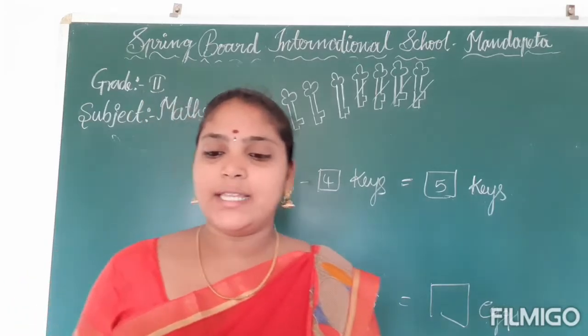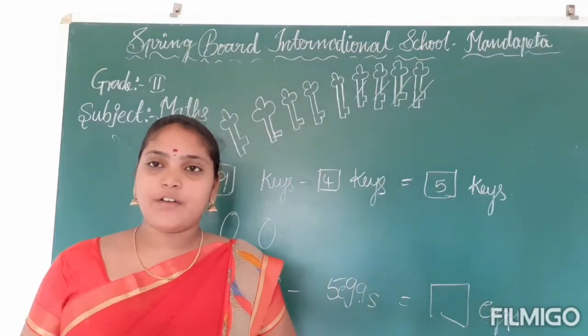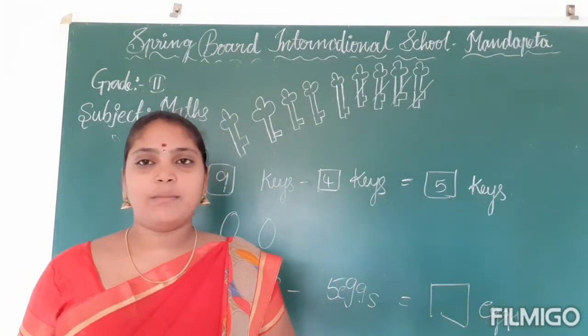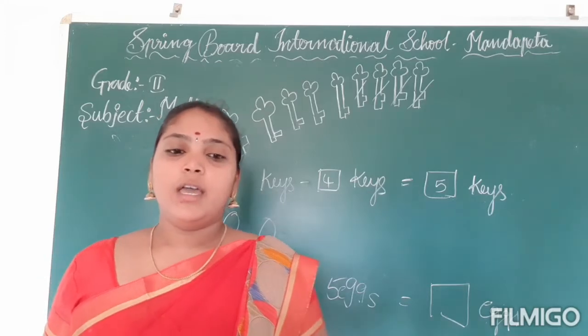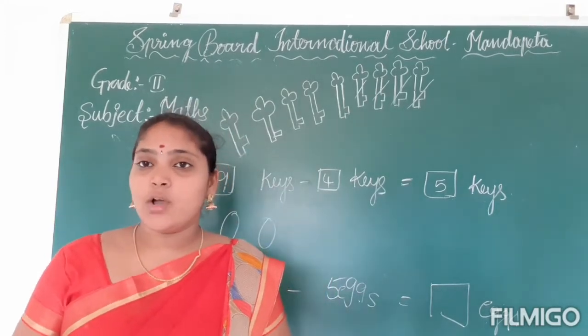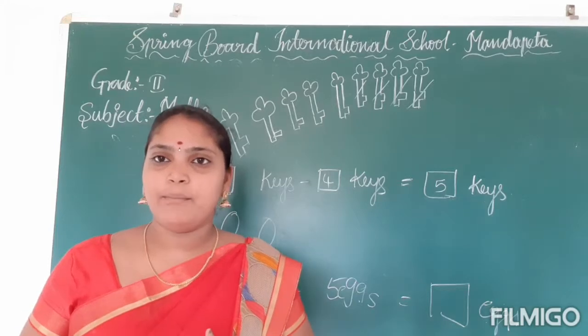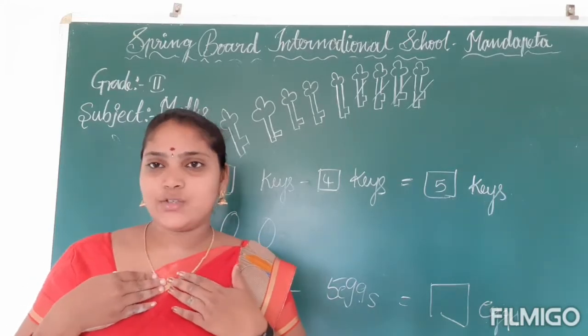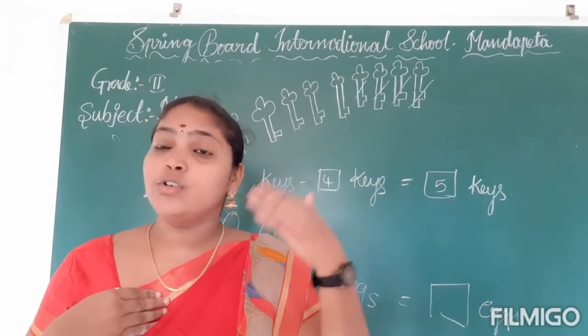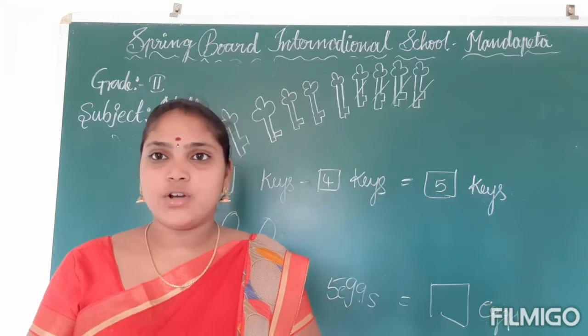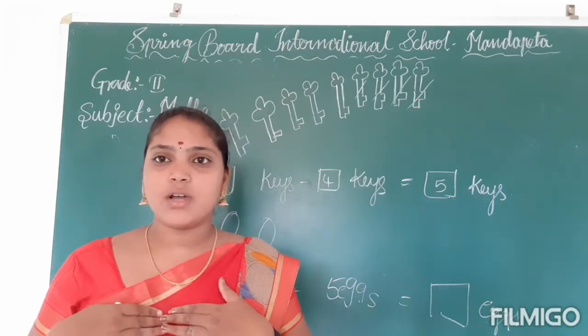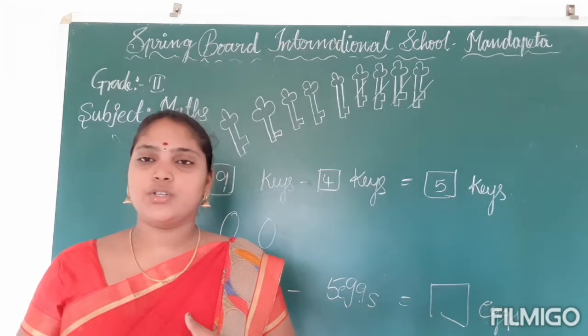We can take away objects from a greater number or the same number of objects. For example, I am having 5 chocolates and I want to give 5 chocolates to my friend. So now how many chocolates am I having? I am having 0 chocolates.